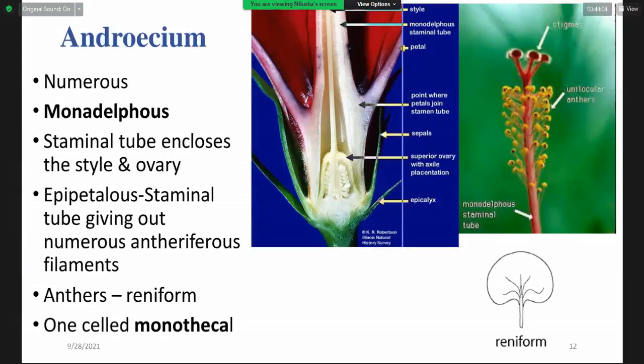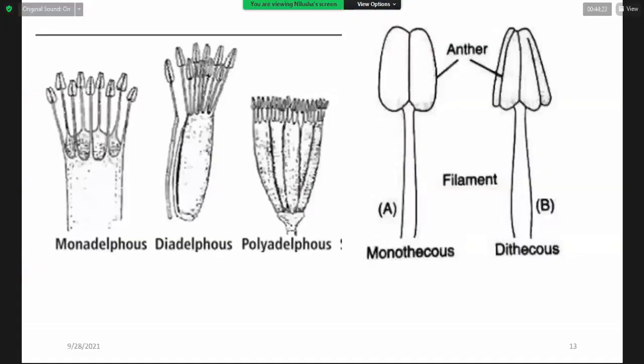Because of this shape, we call the anther reniform. The anther has one cell, so we call it monothecal condition. Monodelphous condition is found in Malvaceae family flowers. The monothecous anther has a single lobe, with two pollen chambers. This structure we call a monothecous anther.